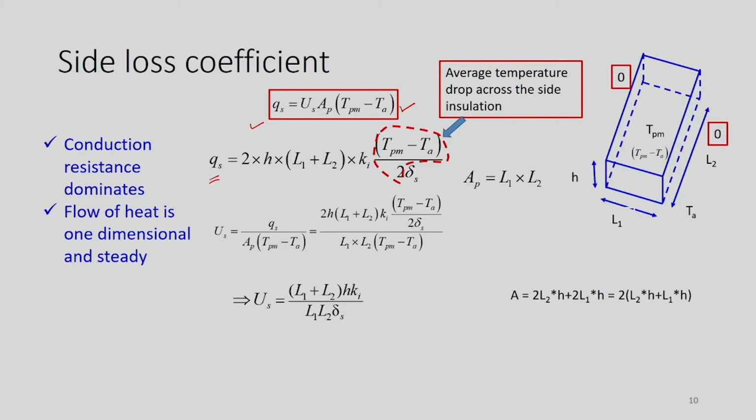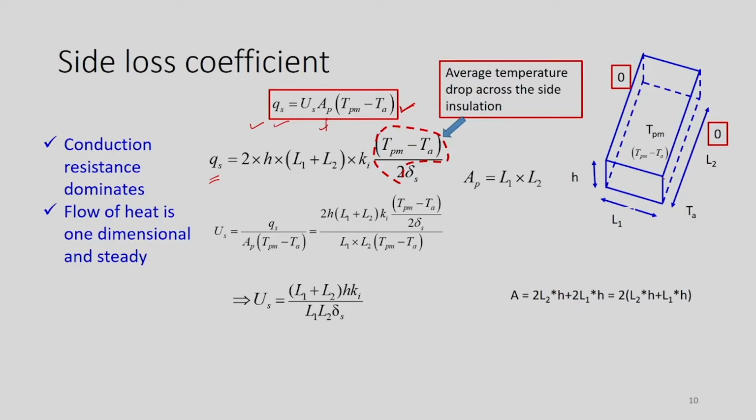Here also conduction resistance dominates, and the flow of heat is one dimensional and steady. As we know, Qs can be expressed as Qs equals Us multiplied by Ap into Tpm minus Ta. Here Ap we can calculate something like this.